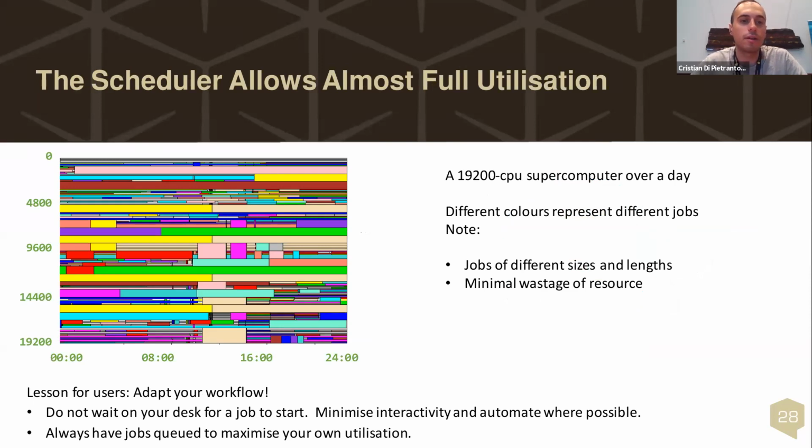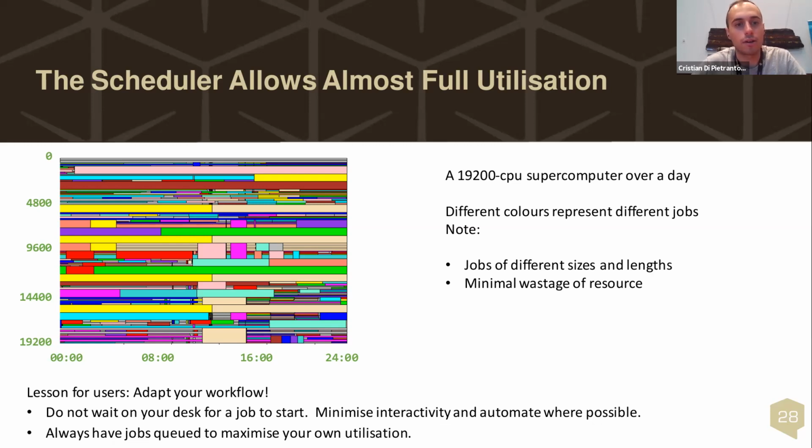So this picture is, at first, a rather messy representation of the utilization of a supercomputer. On the x-axis, we have the start and end times, or the timeline. And on the y-axis, we have the CPU IDs.